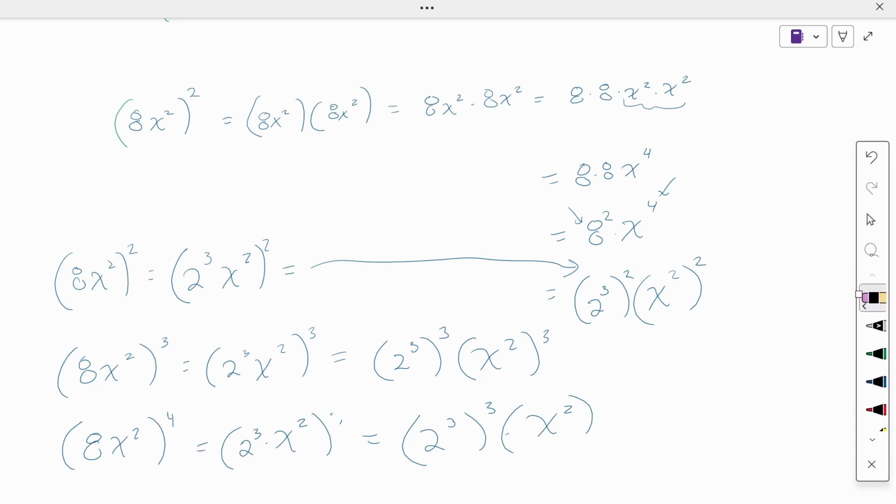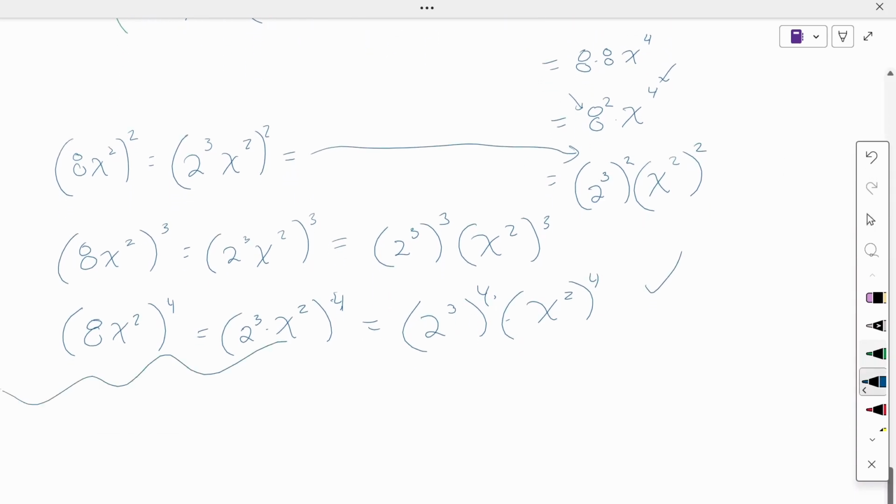Whoops, I did to the third power, but I meant to say to the fourth power. There we go. Okay, cool beans.